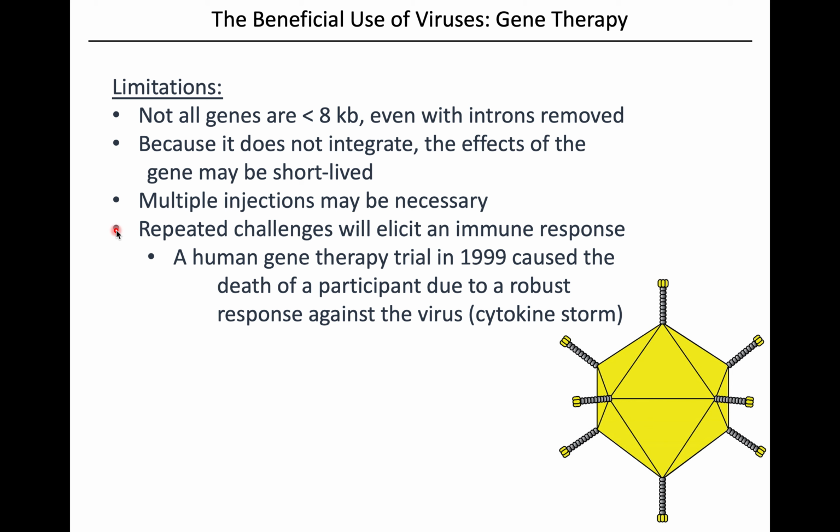And a young patient named Jesse Gelsinger famously died because the adenovirus vector that was being used was apparently one that he had probably been infected with before, and the introduction of this high dose for the purpose of gene therapy caused his immune system to overreact. Basically it induced a cytokine storm, and he ended up dying due to that overactive immune response. So that is always a potential danger with gene therapy as well.